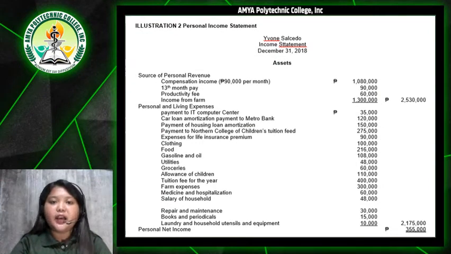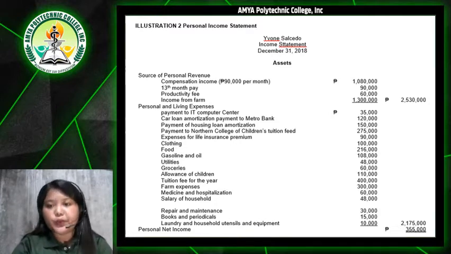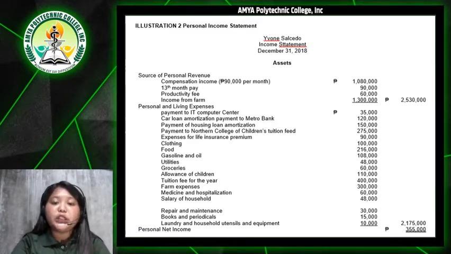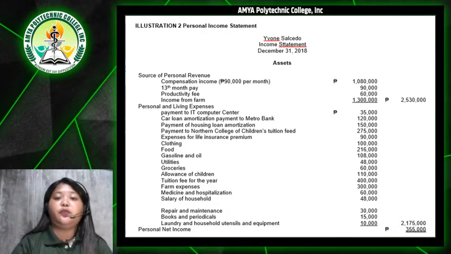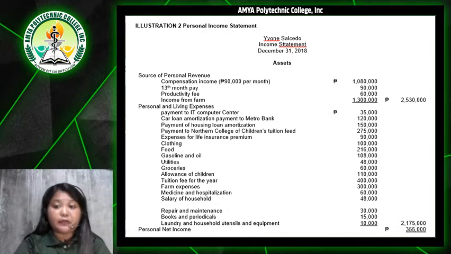Next, for the income statement in illustration 2, we have the source of personal revenue, personal and living expenses, and then of course the personal net income. This is the difference between the personal balance sheet and the personal income statement.